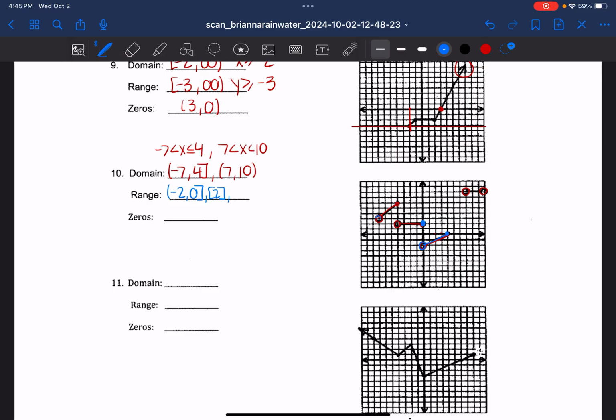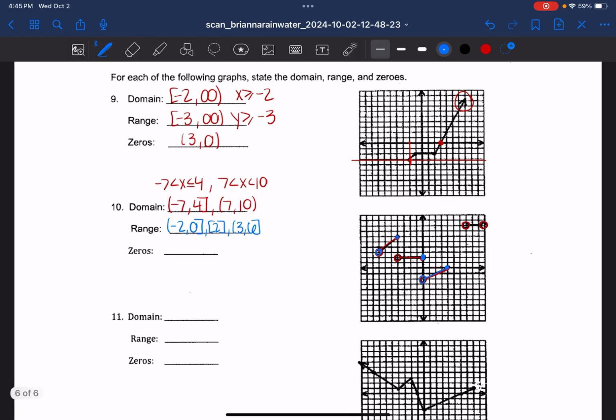And then has another start up here at 3, and continues up to 6. And then stops again, but starts back up again at 8. And looks like we have one x-intercept right here at 4.